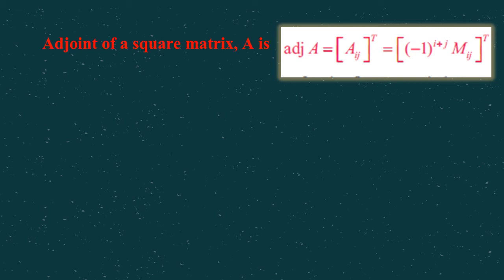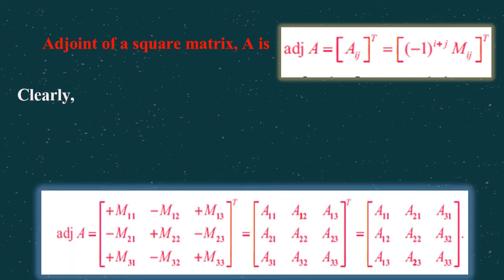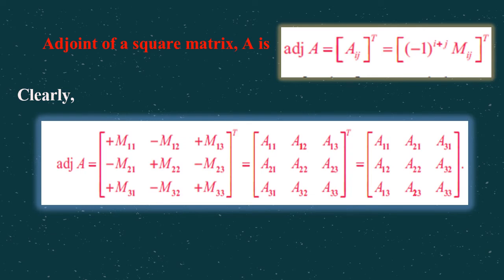But we know the cofactor capital Aij we write as minus 1 power i plus j into capital Mij, the transpose. Clearly, adj A is the transpose when we consider the minors, and we replace the cofactor matrix elements in the matrix at each element.